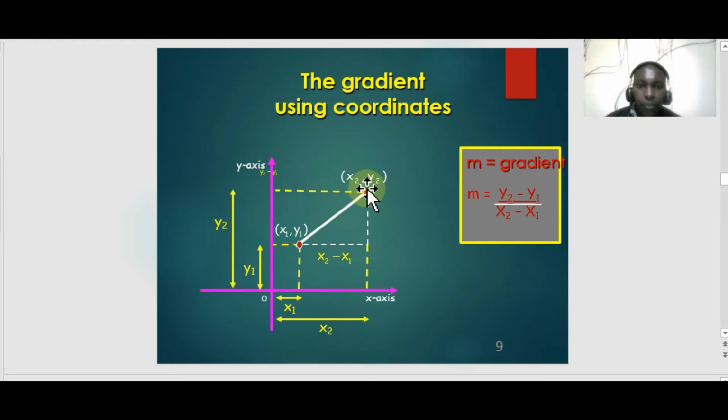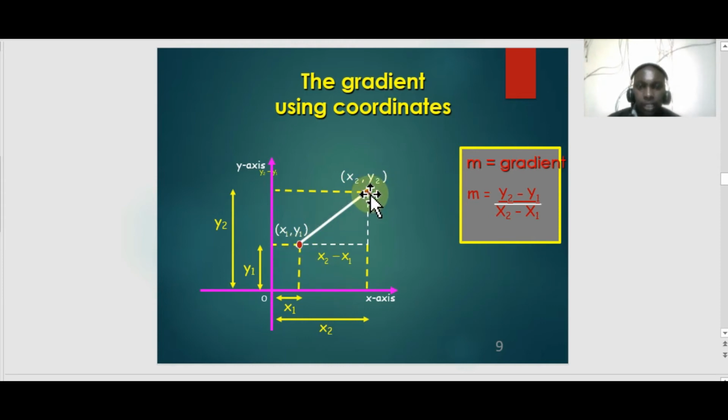Therefore, this point is represented by the coordinate x2, y2. This point that is here is represented by the coordinate x1, y1. So we are going to use those points to calculate the gradient of this line.